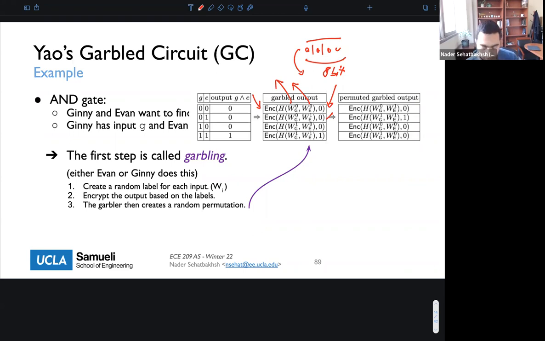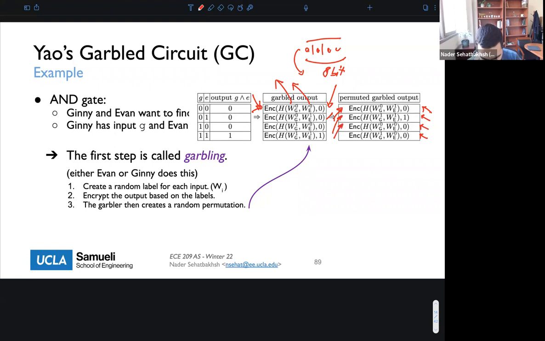Then there is another process which, in order to decorrelate these values for each row, so that just by looking at it you cannot tell which row is which, is a random permutation step. What the garbler does is move these things around in an arbitrary direction.